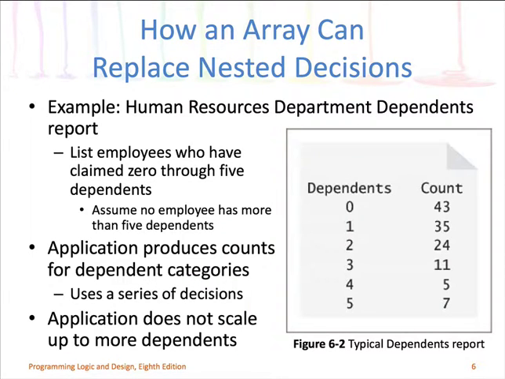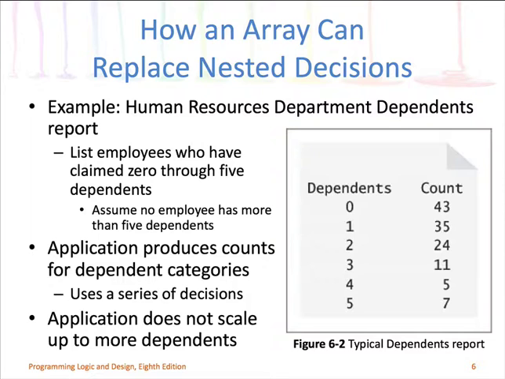So throughout this chapter they give several examples. So here we have a list of employees, and then we need to know how many dependents they're claiming so that we can figure out how much taxes to withhold. So throughout this chapter, and I may change this slightly or give an example, they assume that no employee is going to have more than 5 dependents.